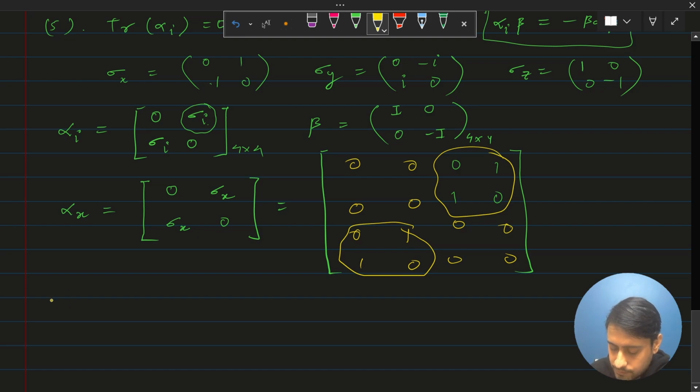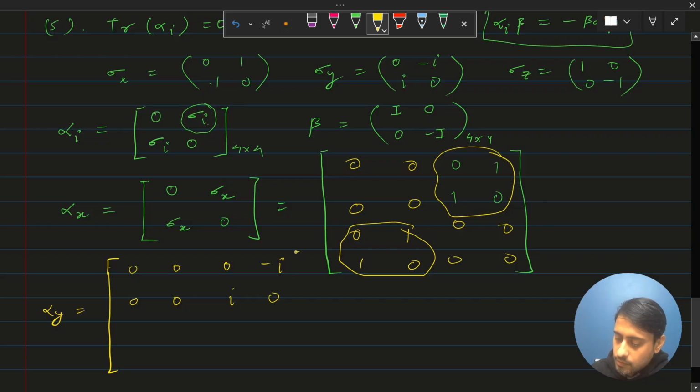Okay, so alpha y will be, we will write the y term, sigma y. So this will be 0 0 0 0, then in this term, okay, so 0 minus iota iota, and then 0, then 0 minus iota iota, then 0, and then 0 0 0 0.